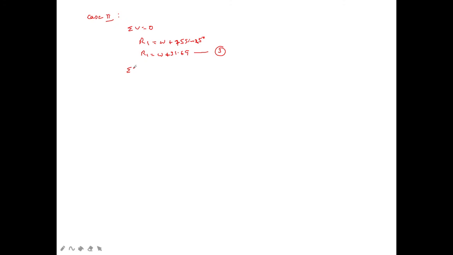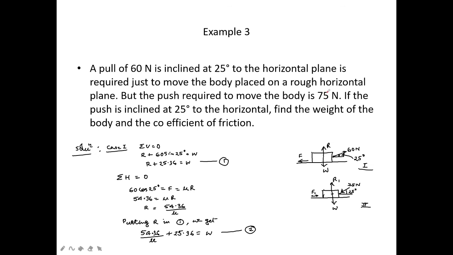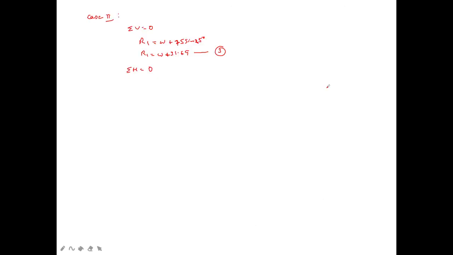Now we'll apply sigma H is equal to 0 in the second figure. We'll get F1 equal to 75 cos 25 degree.